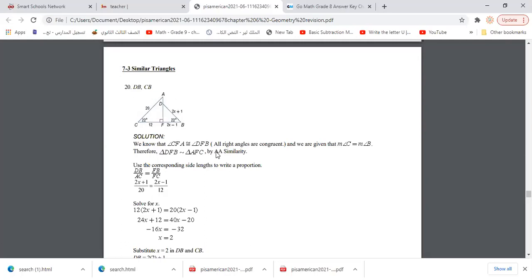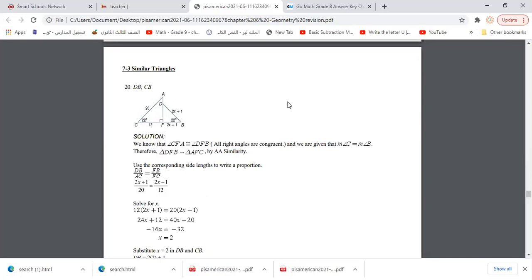All right angles are congruent. And also, he mentioned that angle B equals 22 and angle C equals 22. So what can we prove, grade 9, in this question? These two triangles are similar by angle. Thank you. These two triangles are similar by using angle.